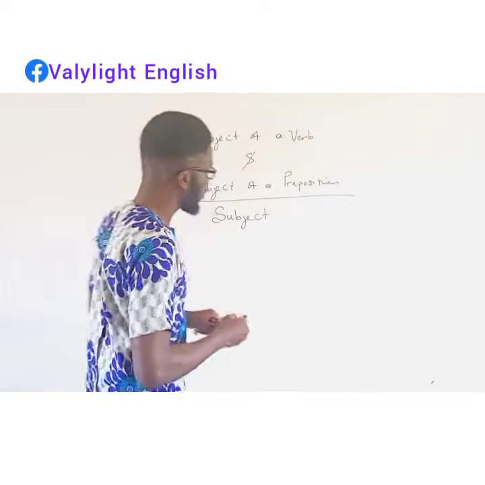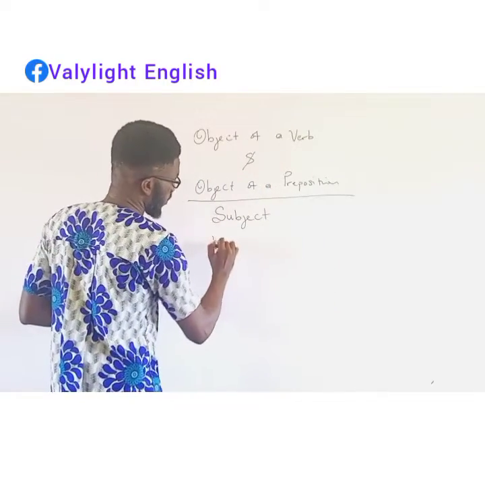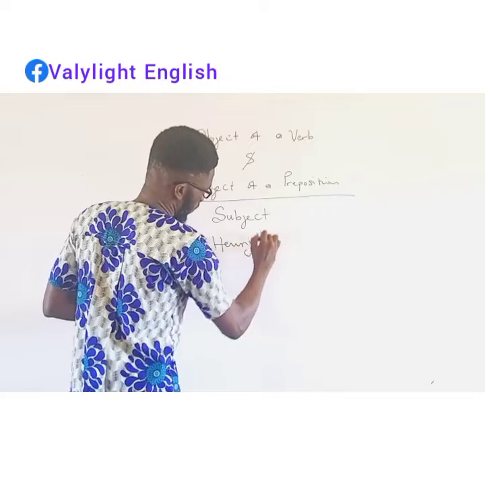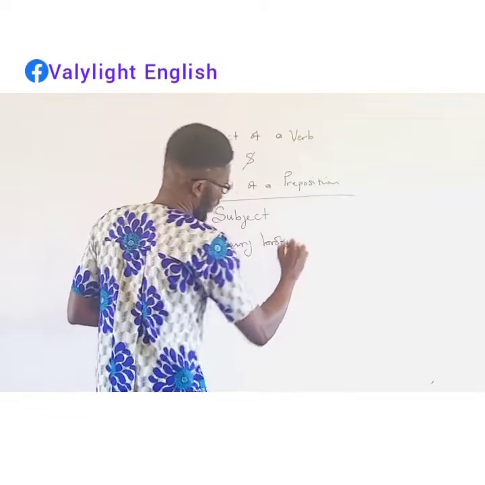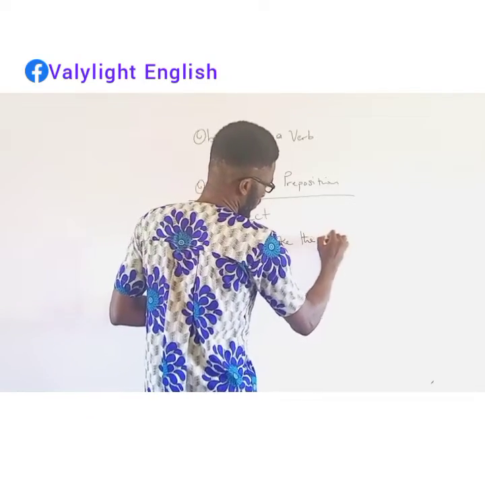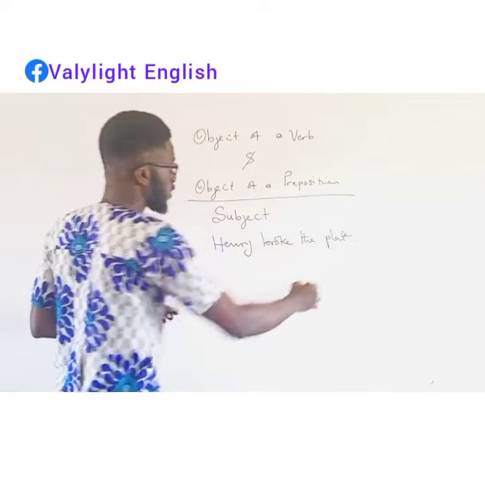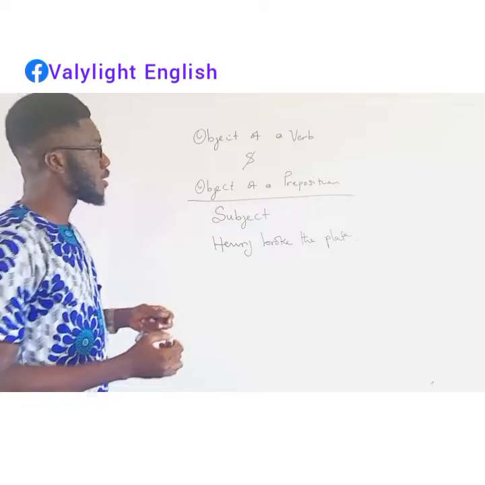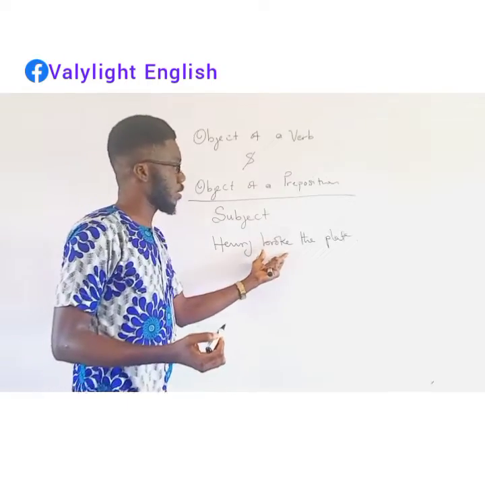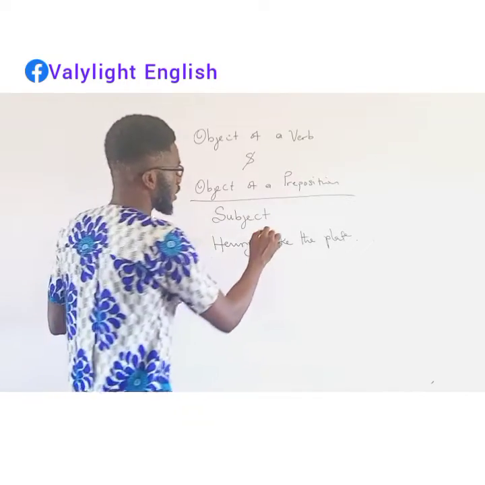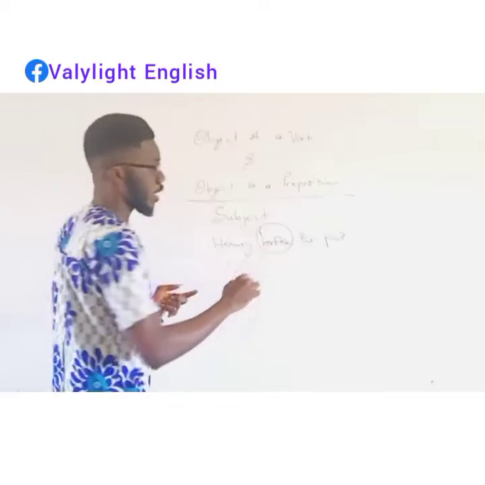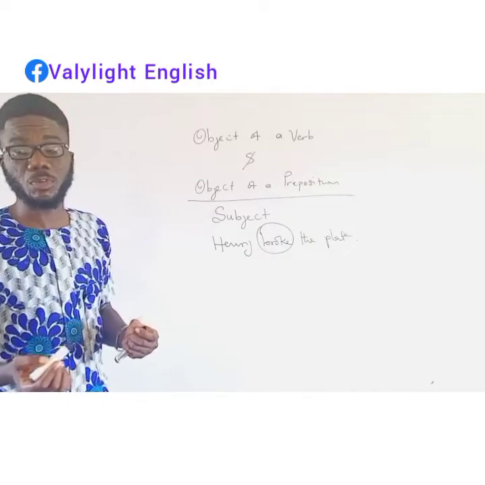So, for instance, if you have something like, Harry broke the plate. This is a sentence. Now, the action word here is broke. And what we're trying to say is that since you have an action word, there has to be a part of the sentence performing that action.